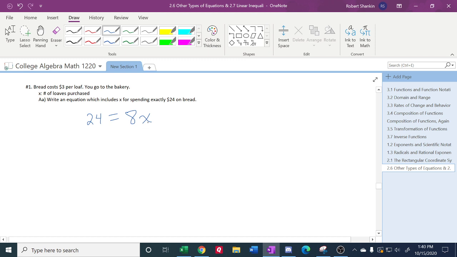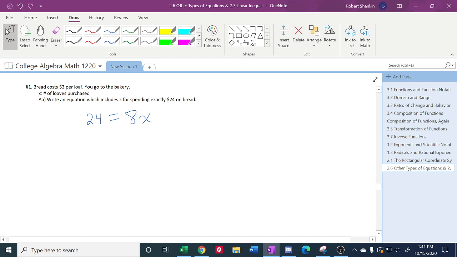So you multiply the number of loaves. Oh, where does 8 come from? And here, I think you're solving it for 8.